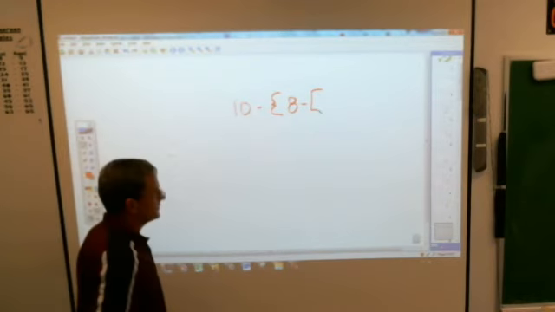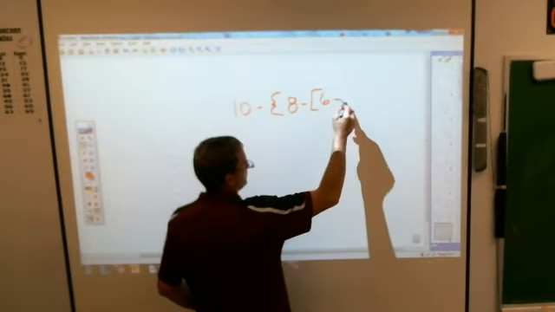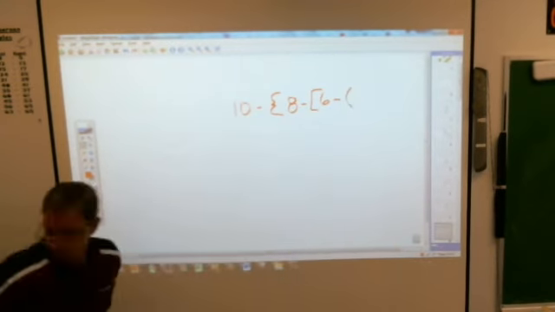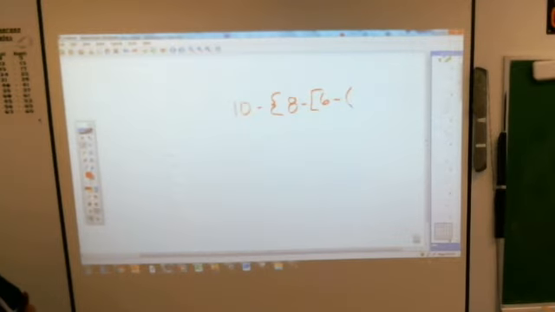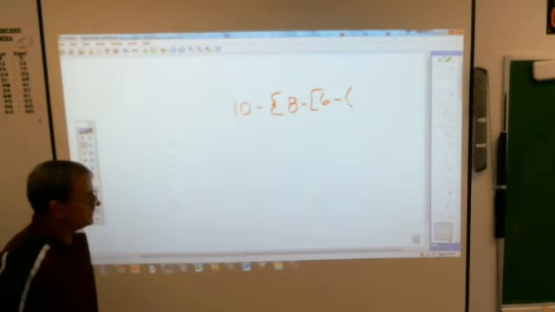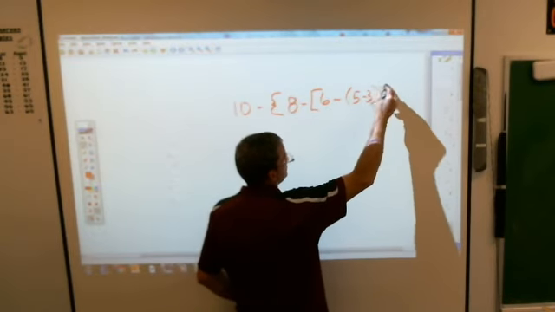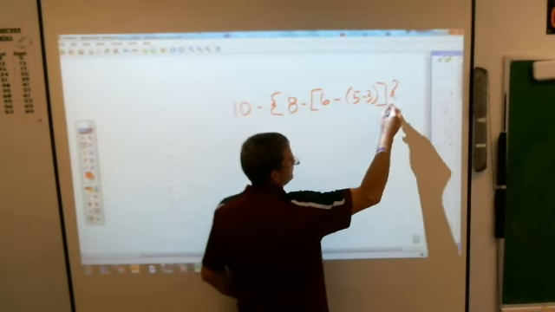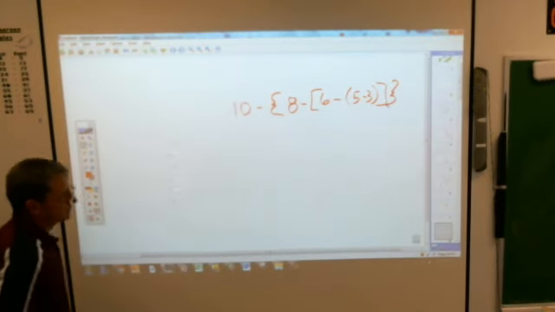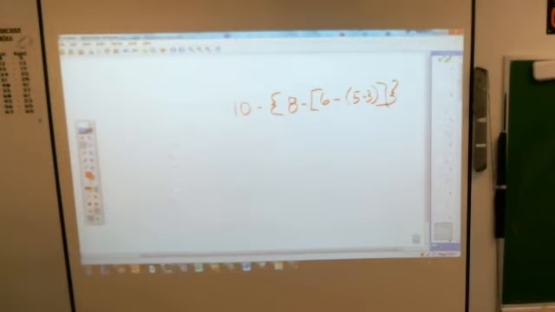6 minus parentheses 3. So in this case, you've got grouping symbols inside of grouping symbols.